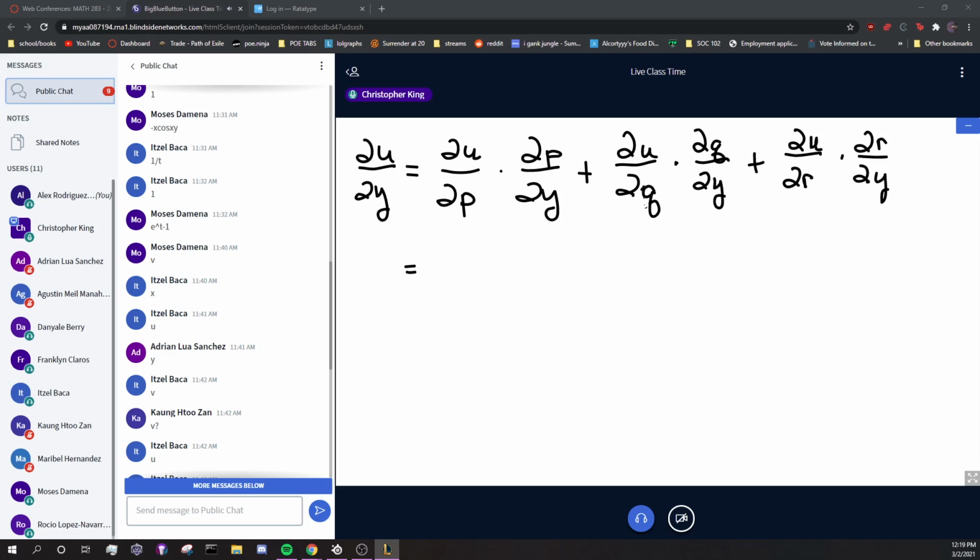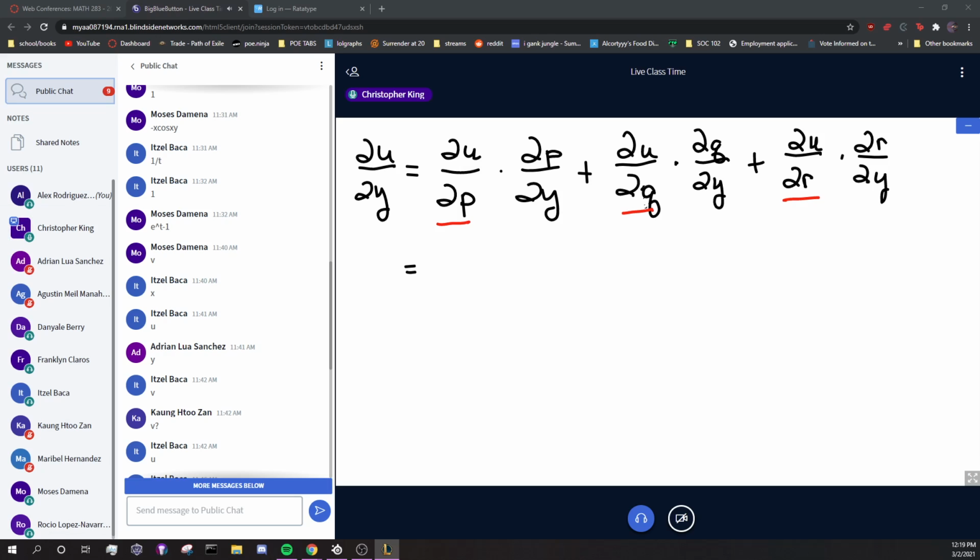Now, one thing I do want you to keep in mind is that this partial and this partial are all the same from the previous problem. Okay, so they're not going to change.